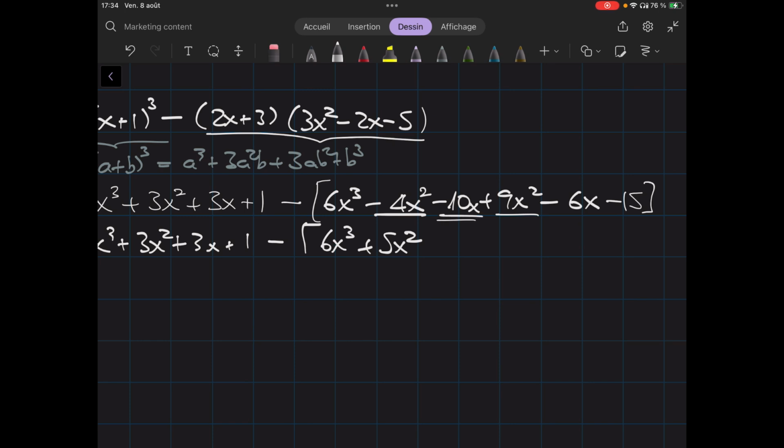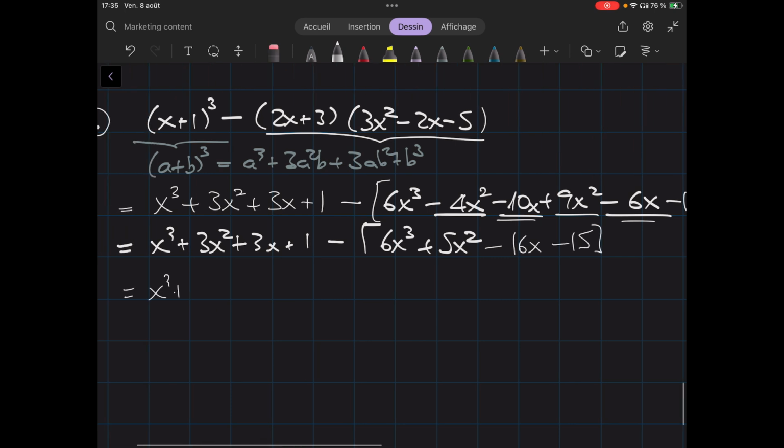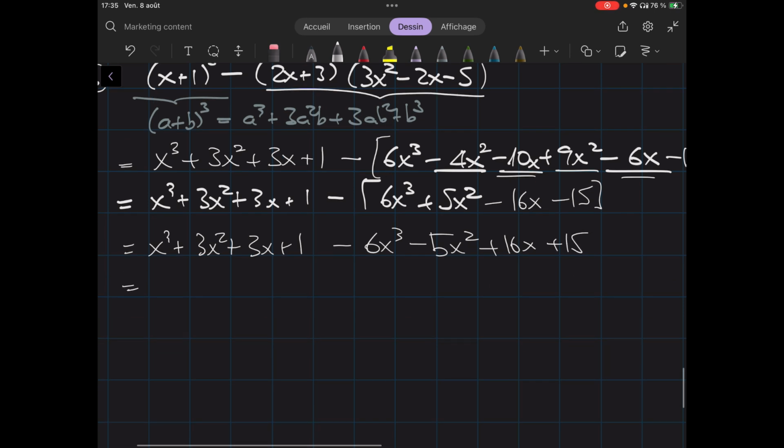Negative 10x minus 6x. And then minus 15. Be efficient without losing accuracy.